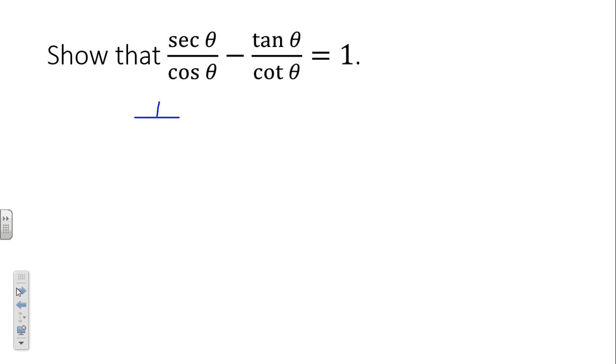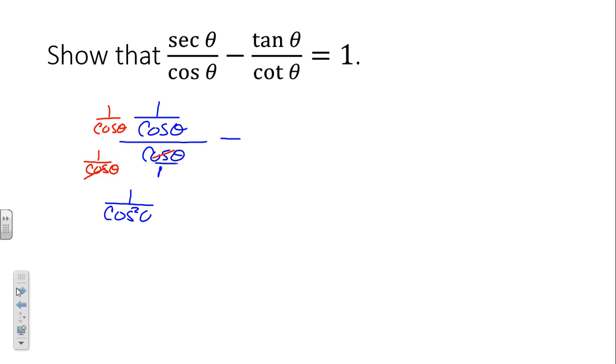So 1 over cosine over cosine. It helps to put it over 1. What's that going to become? Well, when we multiply the top and bottom by 1 over cosine to make the bottom go away, we will get 1 over cosine squared, right?